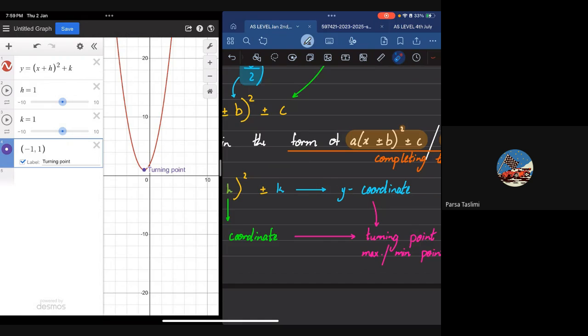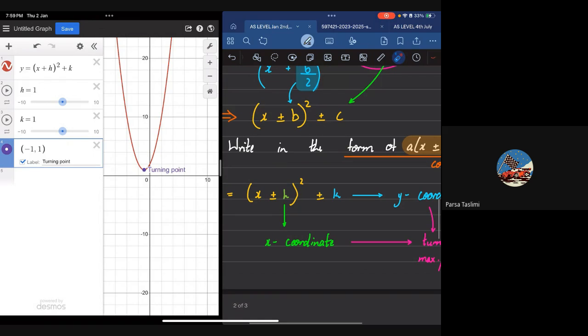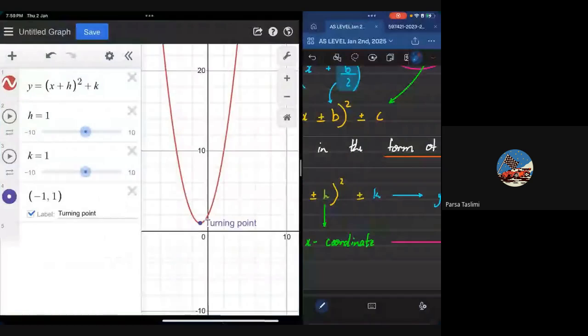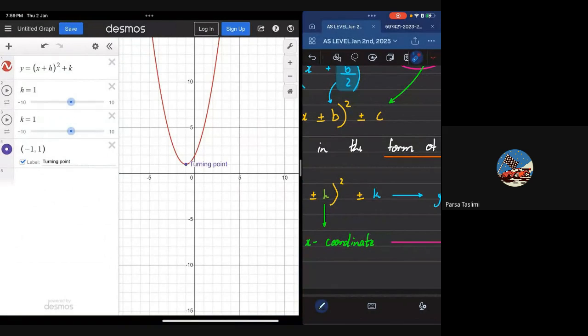Now, there's just slightly one catch. You can clearly see in this graph over here, now I'm in the Desmos app, that both the values of H and K are 1. But if I look at my turning point, what is the value of my turning point? It's minus 1 and 1.